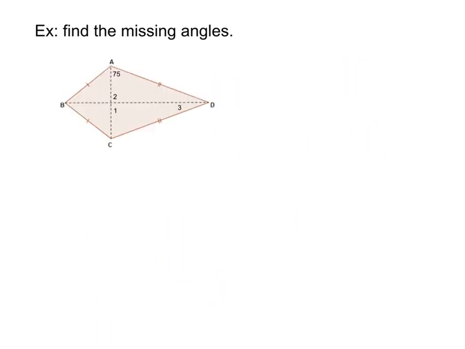In this last example, we're asked to find the missing angles. We can see that 1 and 2 are right by the diagonals. If we use our definitions from before, we know that the two diagonals of a kite, when they intersect, are perpendicular, which means 90-degree angles. So that makes our life a lot easier.